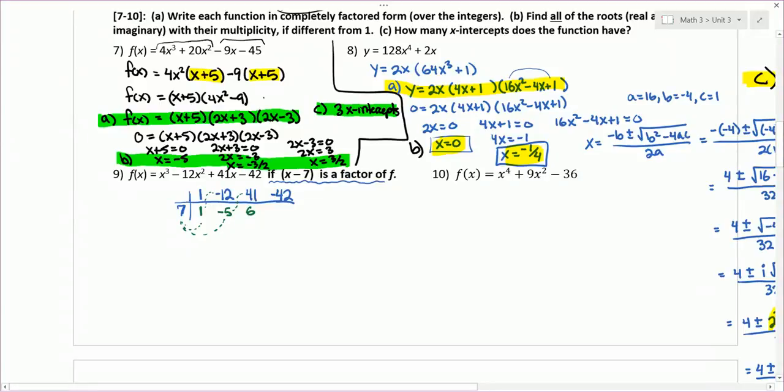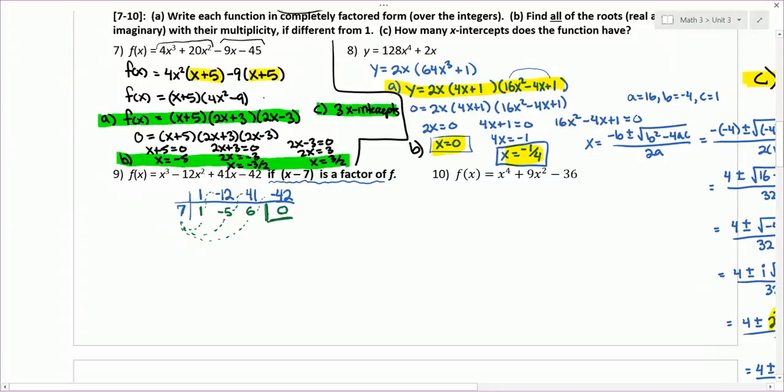And if we're working with a factor, your remainder should be 0. So this last one we should get 0 as an answer if we're doing this right. So 7 times 6 is 42, plus a negative 42 gives us a remainder of 0. That last one is always your remainder, so I usually put a little separator here to say, okay, that number, the remainder, is a little different than the first 3.